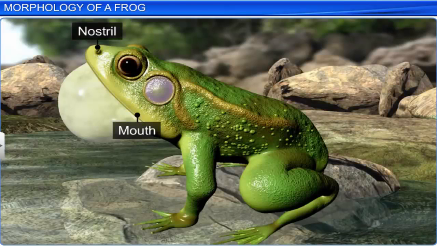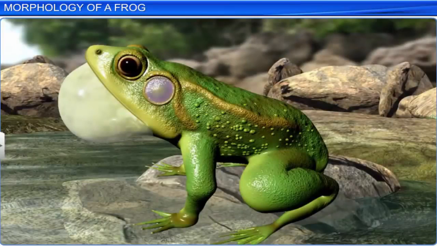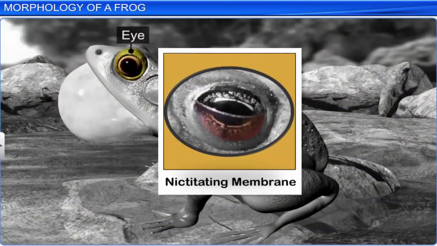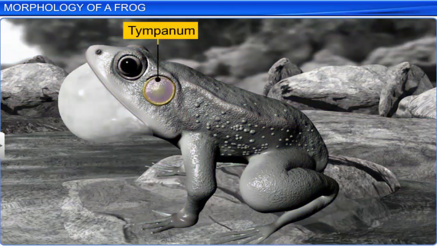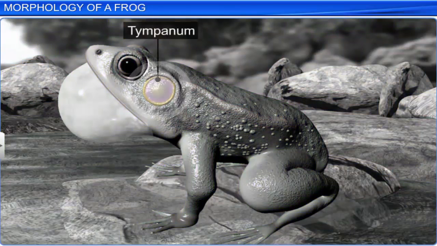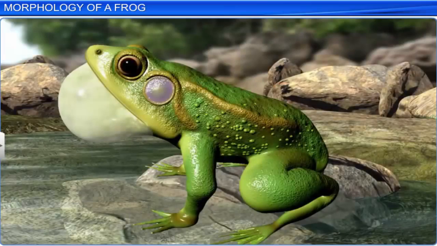A little behind the nostrils is a pair of large bulging eyes covered by a transparent, nictitating membrane which protects the eyes while in water. Behind the eyes is a pair of membranous tympanum, which receives sound signals. The head is attached to the trunk, which is a broad structure that usually shows a hump in the sitting posture.